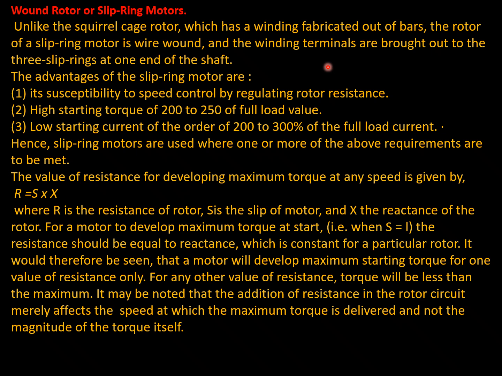It would therefore be seen that motor will develop maximum starting torque for one value of resistance only. For any other value of resistance, torque will be less than the maximum. It may be noted that the addition of resistance in the rotor circuit merely affects the speed at which the maximum torque is delivered and not the magnitude of the torque itself.